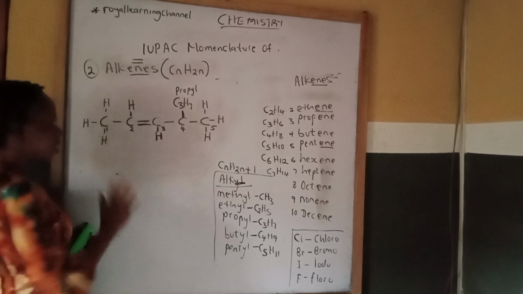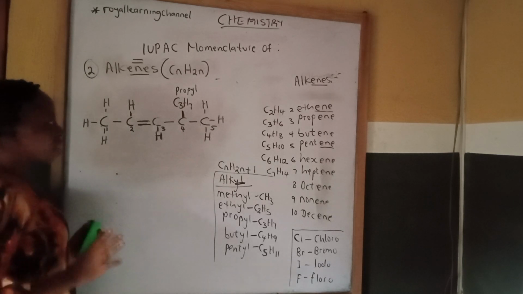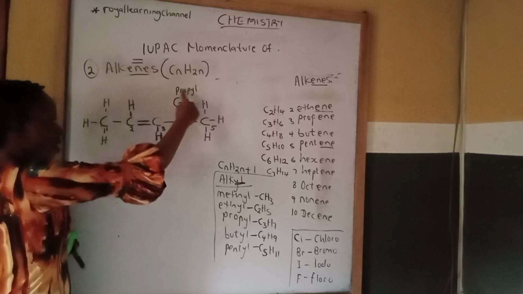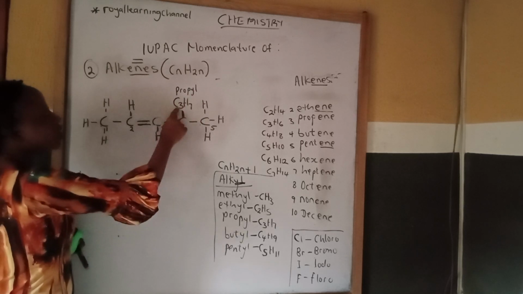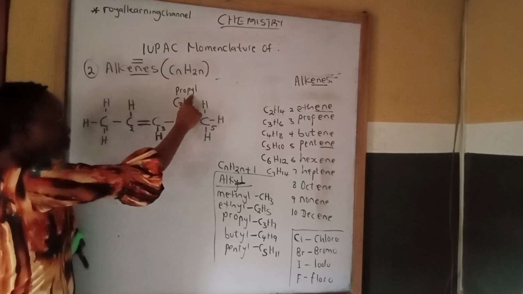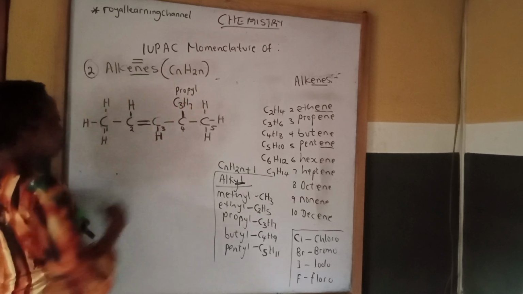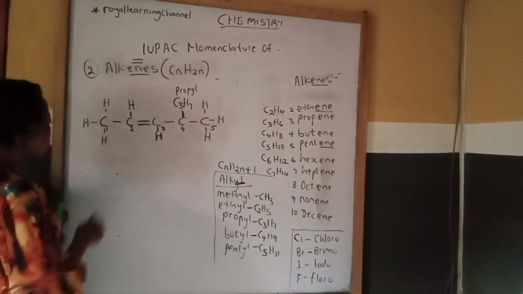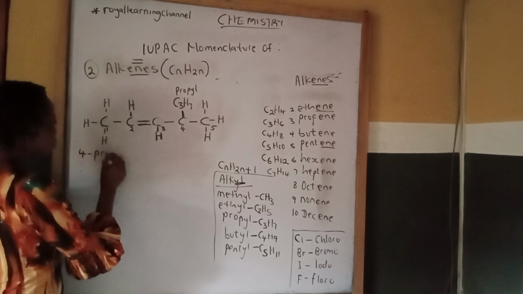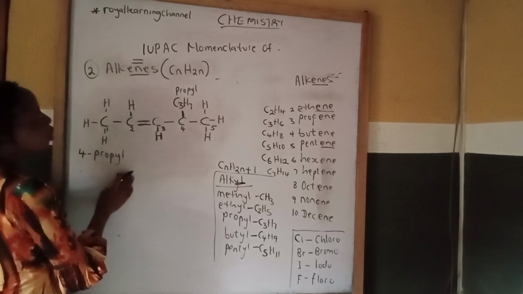So you've numbered your root hydrocarbon. The next thing to name is your substituent. My substituent now is on the fourth carbon atom. So 4-what? Propyl, because my substituent is propyl. So that will be 4-propyl.